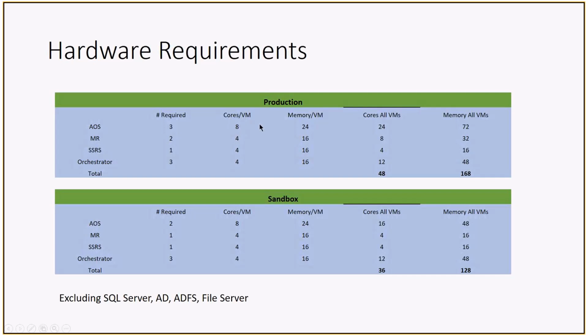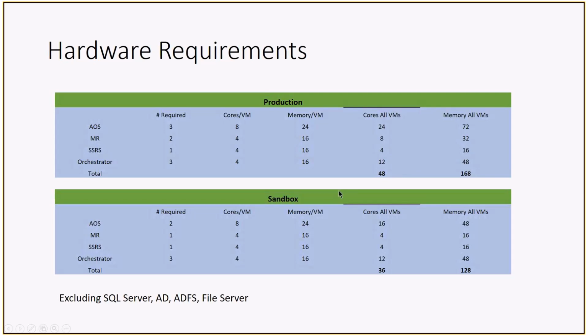Here are the minimum hardware requirements. 8 cores for each AOS and about 24 gigs of RAM for AOS. Similarly, 4 cores per MR, SSRS, or orchestrator server, and 16 gigs of RAM per VM for these services. If I did the totals here, you're looking at about 48 cores and 168 gigs of RAM at a minimum for your production environment.